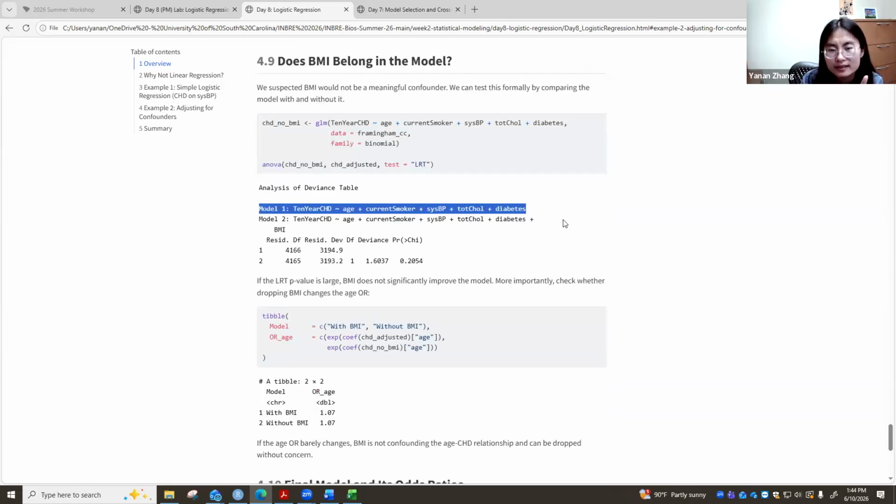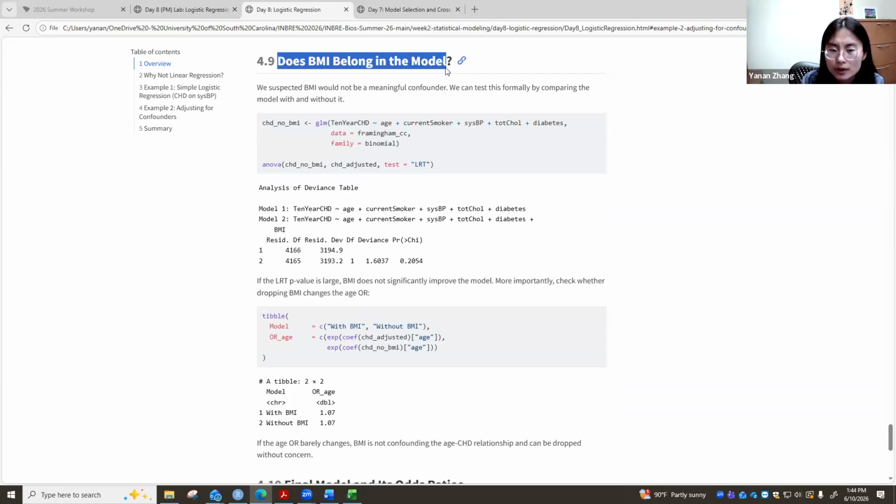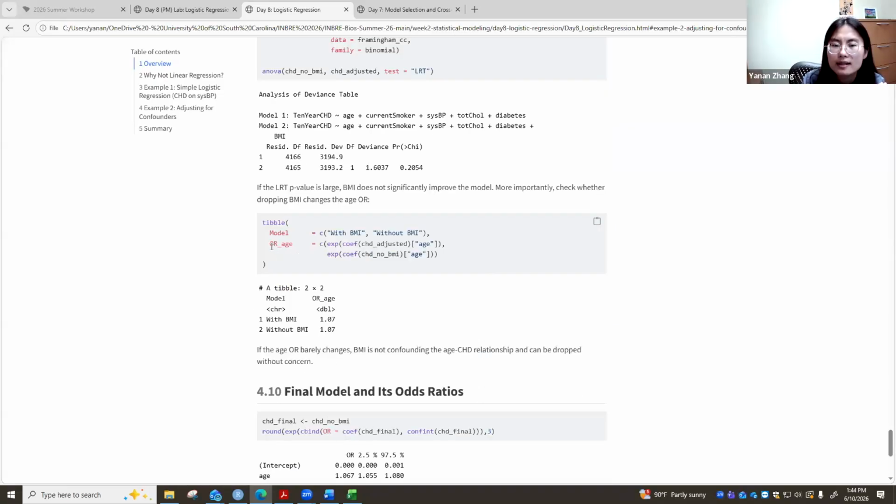Another thing we can compare, to decide whether we should keep BMI in our model, is the odds ratio of age, which is the main thing we care about. We care about the effect of age. So if we add BMI in our model, what's the effect of age?